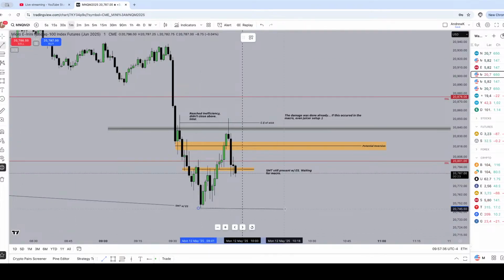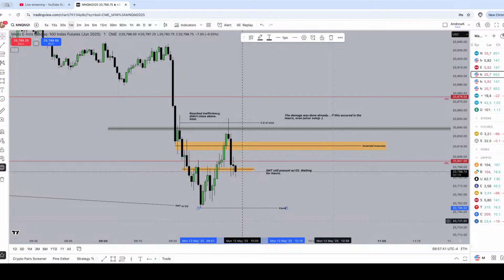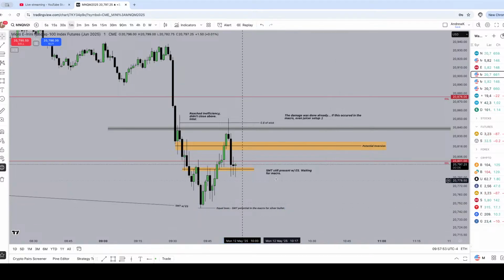It can go down here and create SMT2 in the macro. So it gives you a discount entry if you want to go long.